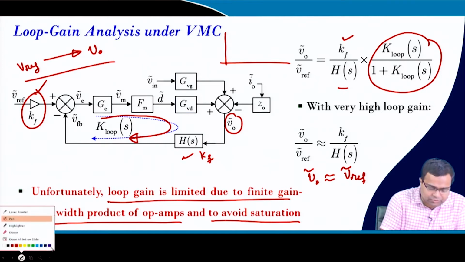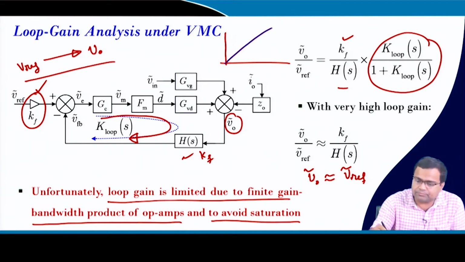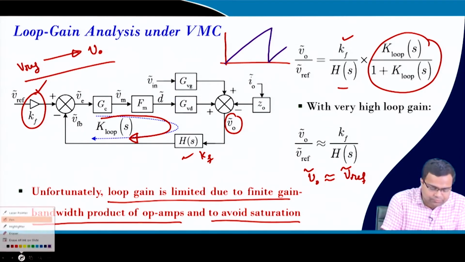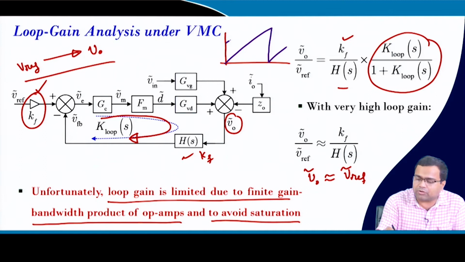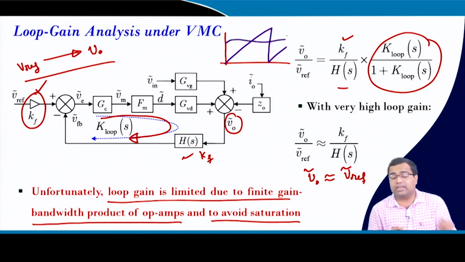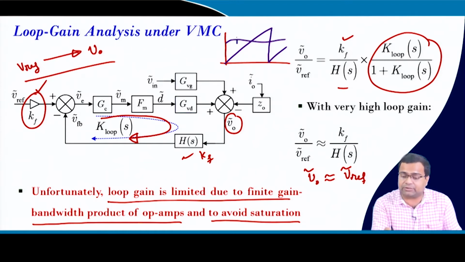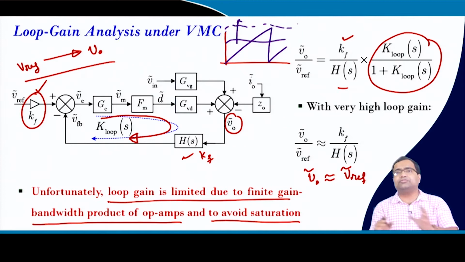If you take the sawtooth waveform, this is our control voltage, right? Now, if the modulator gain is very high, under transient this waveform can go above, so it can be like this, and then the duty ratio can saturate, and under this condition, first of all, your small signal model is not valid, even for a large perturbation it is not valid.